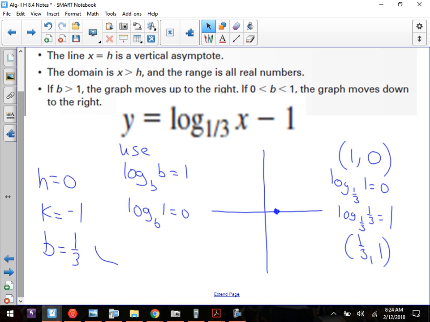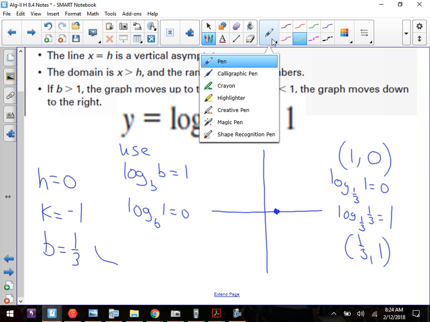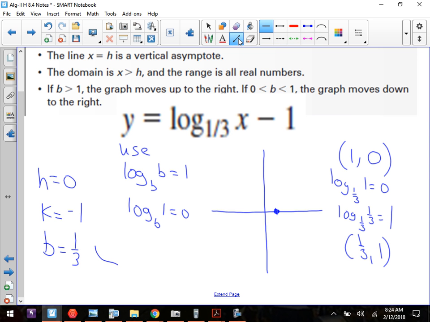Okay, so I have a vertical asymptote at 0. Right. I have ordered pairs. Here's 1/3 and 1. And it's doing this. I haven't shifted, that's why I did dotted.